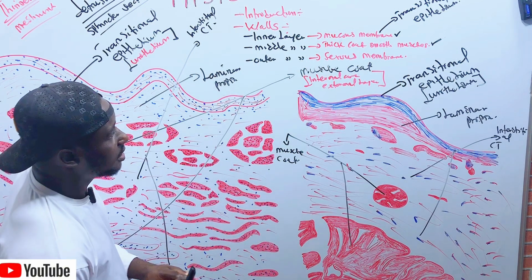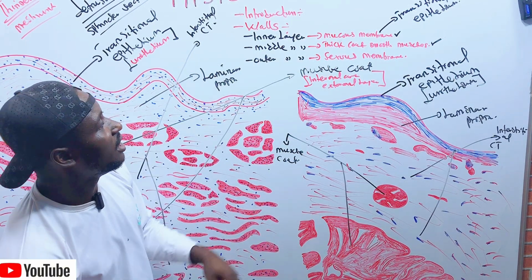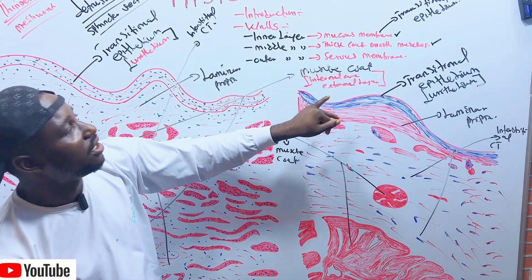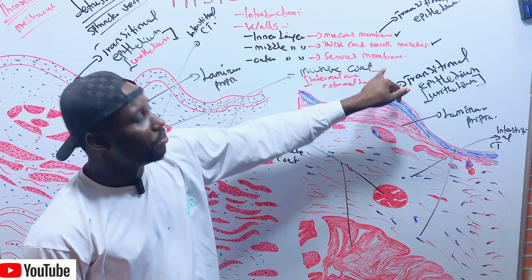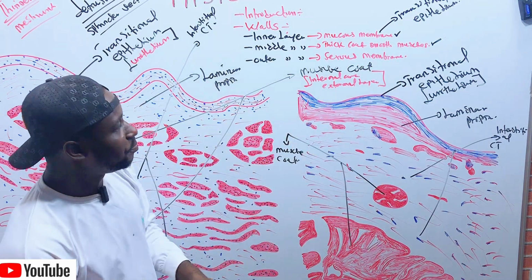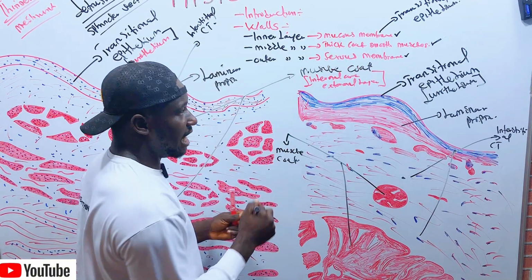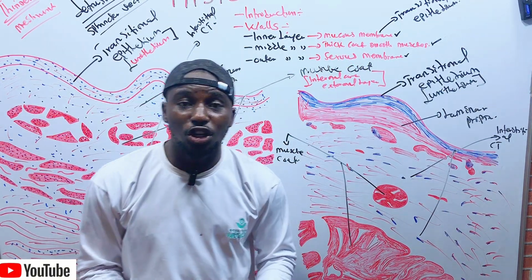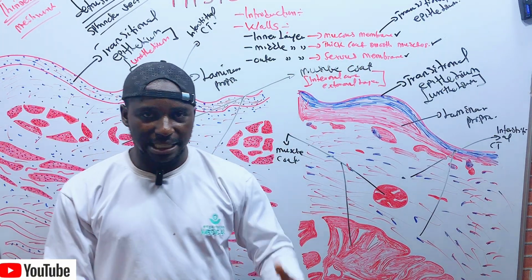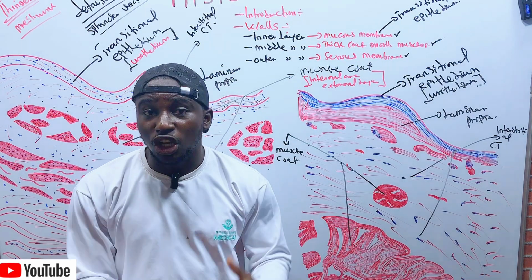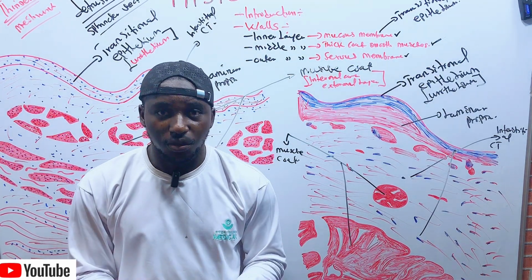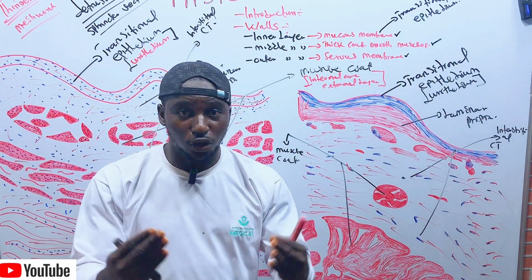So the next we shall be discussing is the outer layer, which is the serous membrane or the serous layer. Now, the serous layer forms the superior surface of the urinary bladder, which is being covered by the mesothelium of the peritoneum.